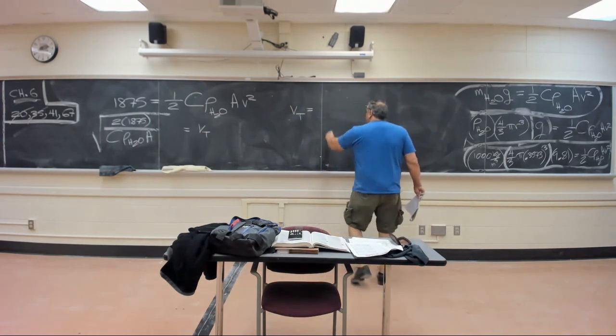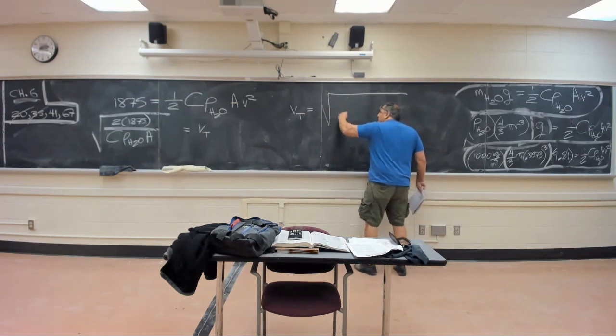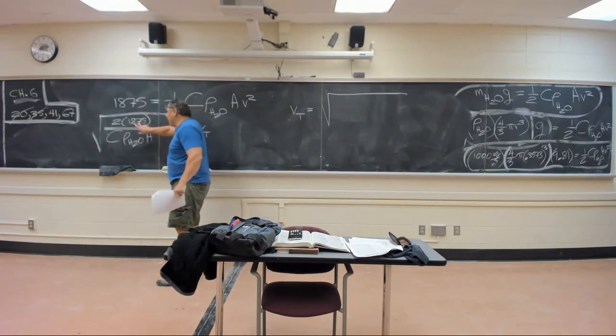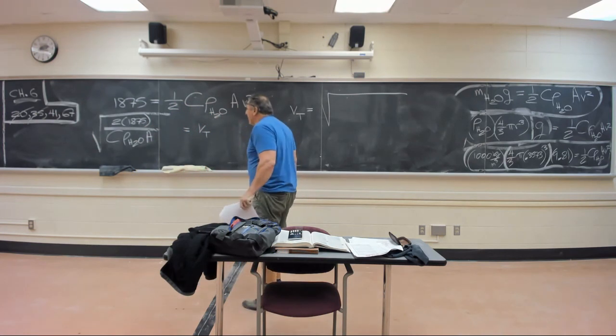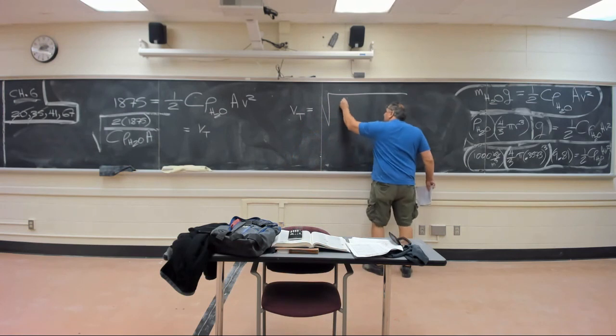VT is the square root of 2 times this, and again, I'm spotting them. They're pretty darn close to right on this one. When you do this, you get in the ballpark of 3750 here.